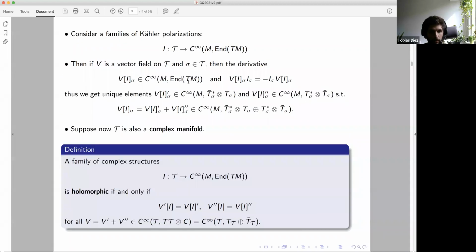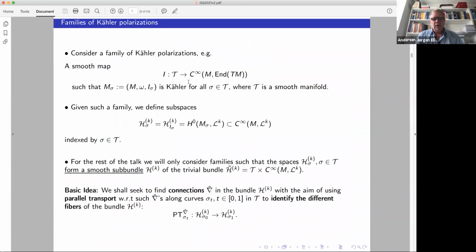So let me just see if I can find where I wrote it. There. But how, right? The tangent bundle to a manifold is locally trivial, but that doesn't tell you that there's a canonical identification of the different fibers of the tangent bundle. In fact, the curvature of the metric is an obstruction to producing a flat connection on a Riemannian manifold that is compatible with the metric.